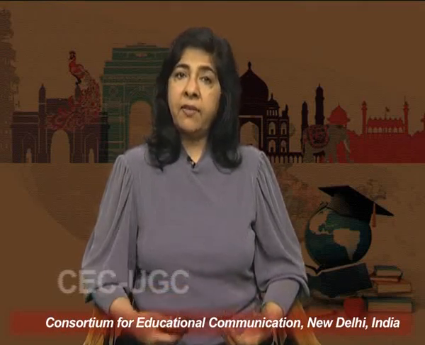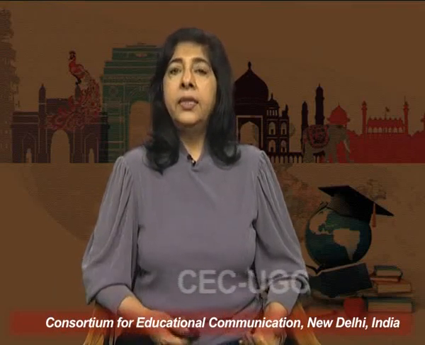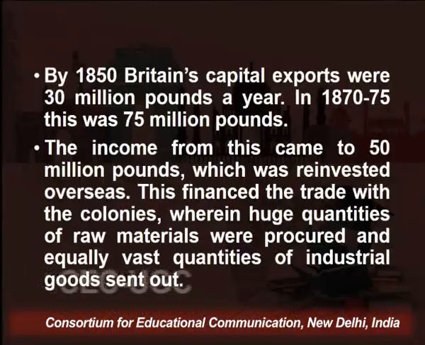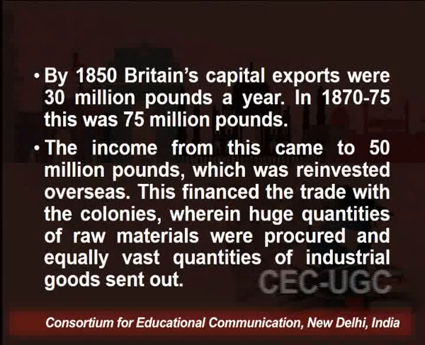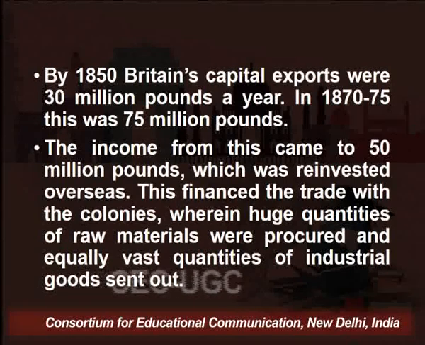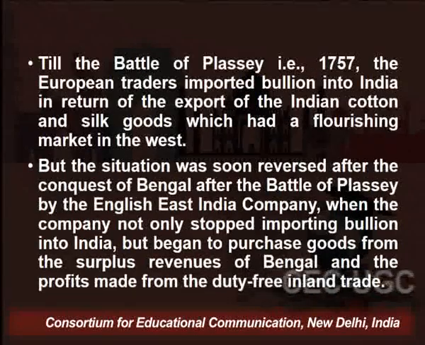So the income from this came to 50 million pounds, which was reinvested overseas. This financed the trade with the colonies, wherein huge quantities of raw materials were procured and vast quantities of industrial goods were sent out from British factories into these colonies like India.